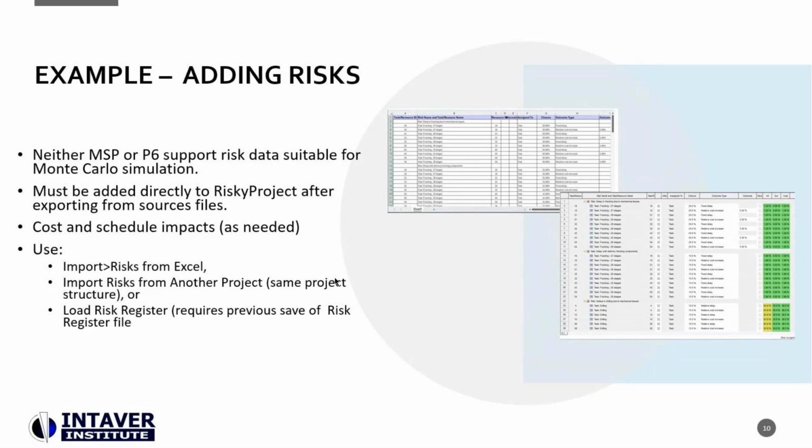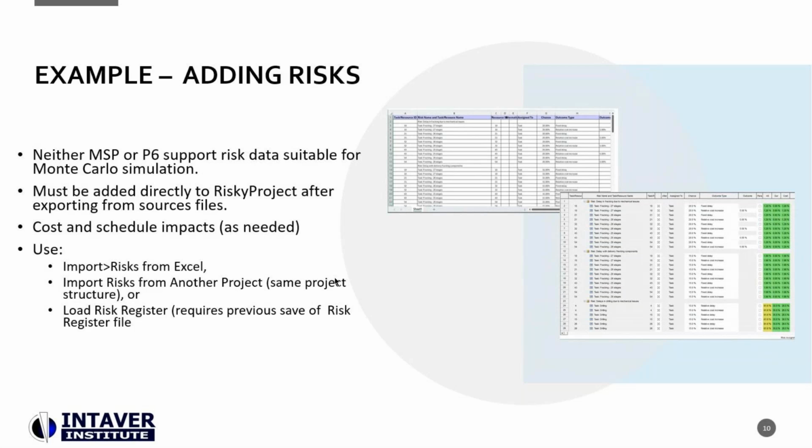So you can import risks. There's an import risk from Excel function in RiskyProject. If they're in Excel, or if you have entered the risks into a previous project file in RiskyProject and you have a risk register, you can import those from another project.